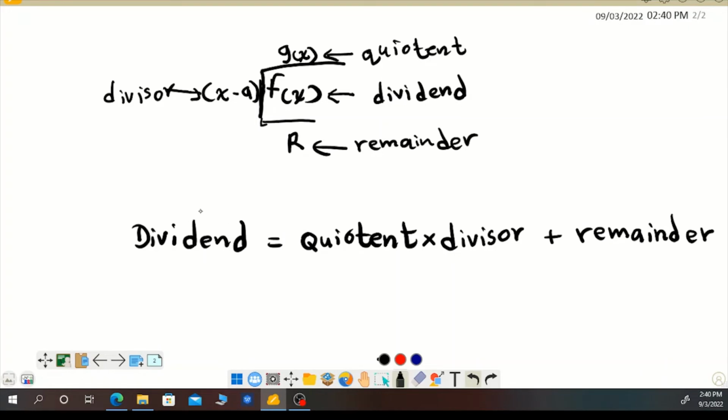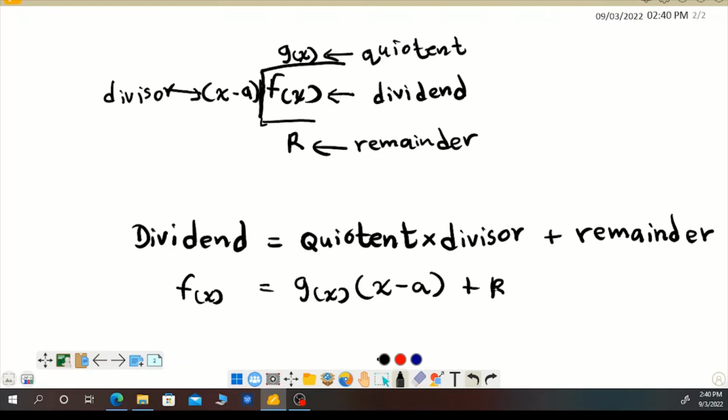So this can be written as f(x) equals g(x) times (x minus a) plus R.